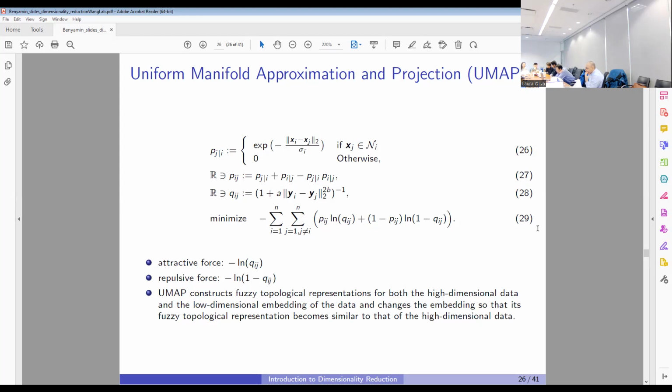And they do it iteratively usually. So UMAP also can be analyzed using fuzzy topological representation for both high dimensional data and the embedding space. Topologically speaking, they're trying to reduce the difference between the fuzzy topological representations of these two.